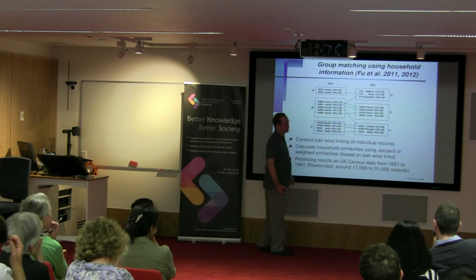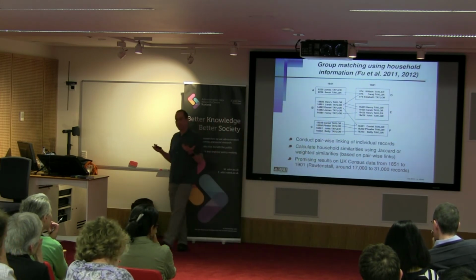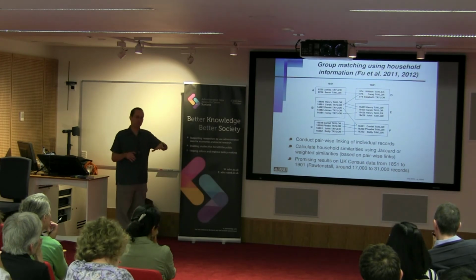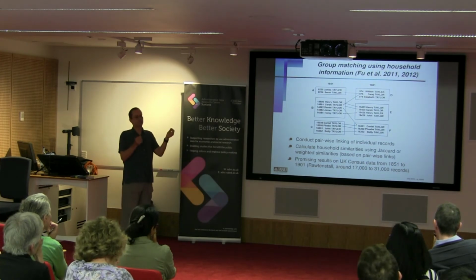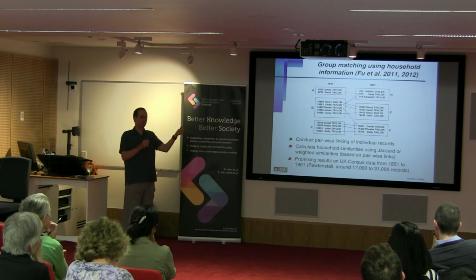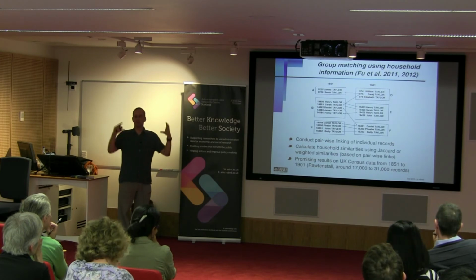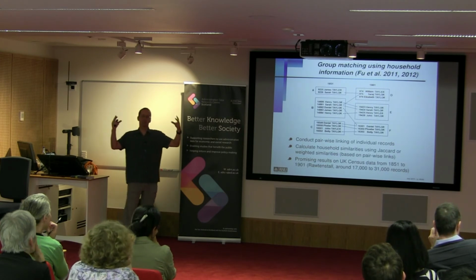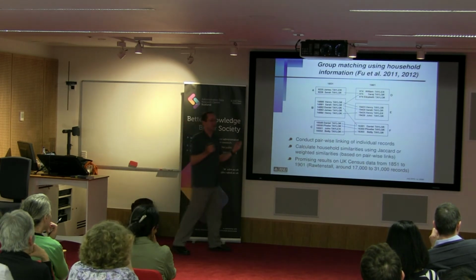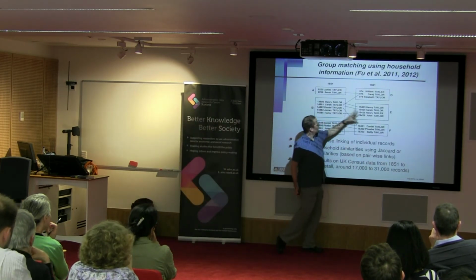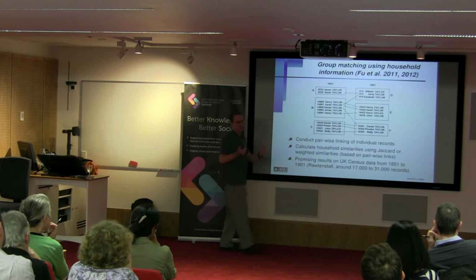And what's maybe more important is we were able to reduce the number of ambiguous links a lot. So if you only look at individual people, you get all these possibilities that this household could be this and this and this. Once you take the household information into account, it becomes much clearer which households are actually linking together, which are about the same group of people.